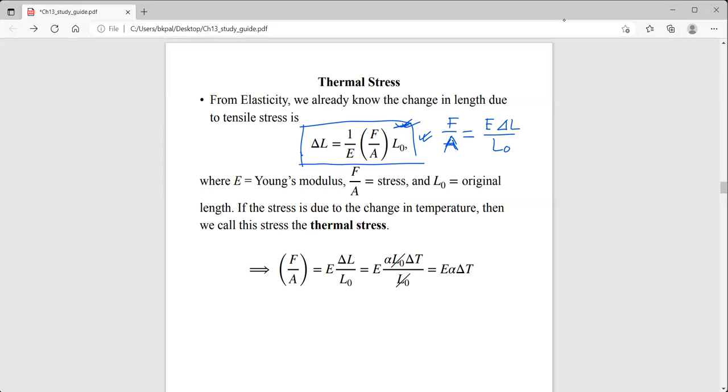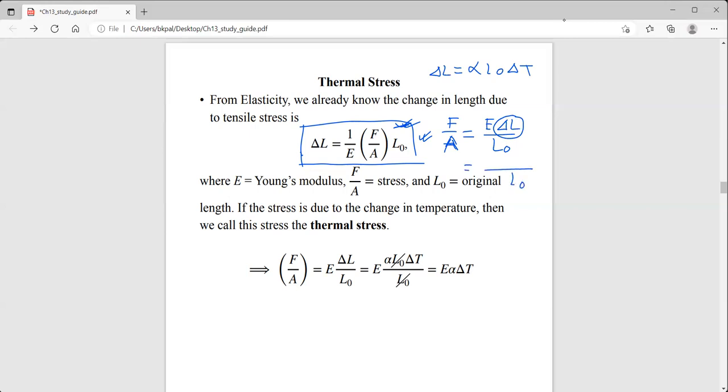Now for thermal expansion, we know that delta L is equal to alpha L0 delta T. If you substitute this delta L for the linear expansion into this equation, you see that L0 cancels out.